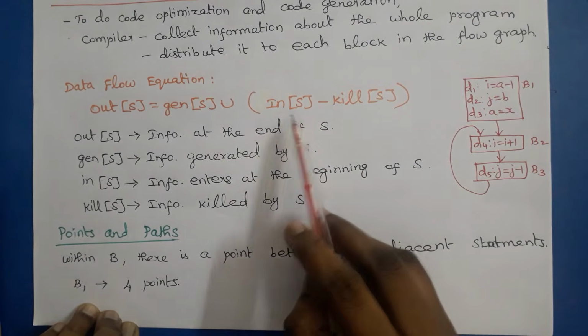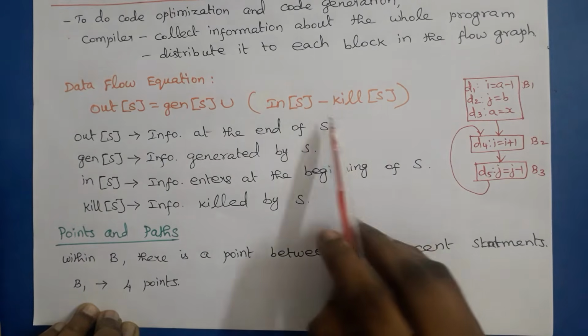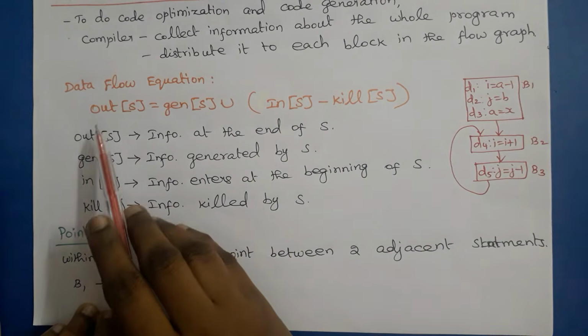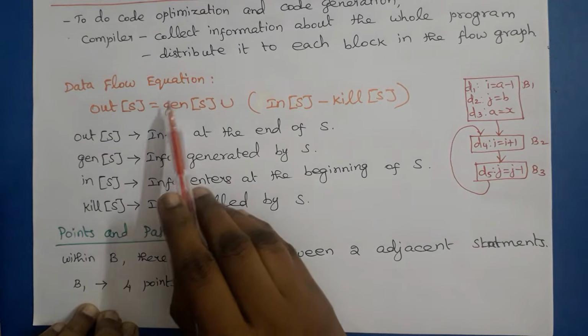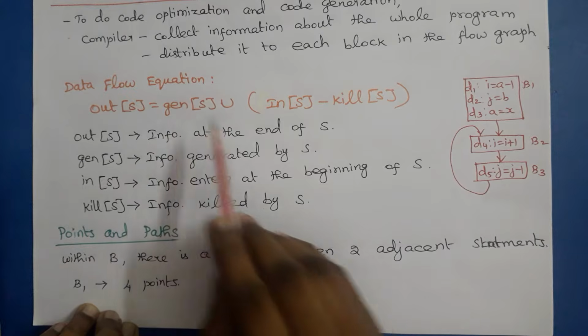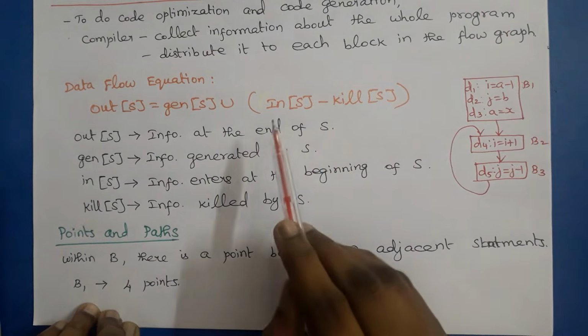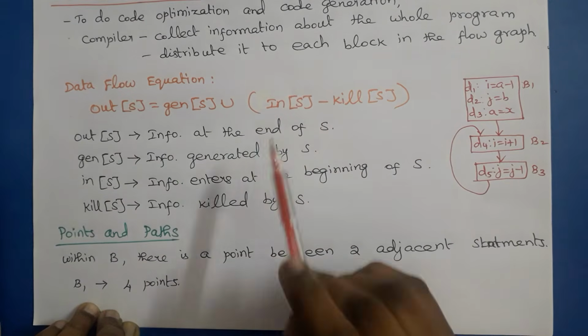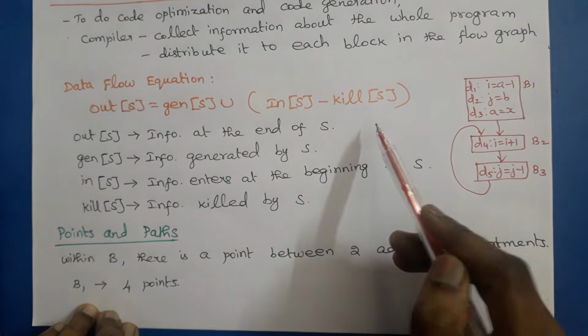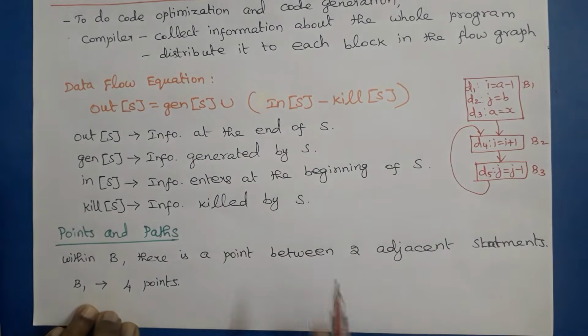So that is in of S, but from the in of S some information might be killed. So out of S is the information generated in S union the information which is not killed, that is, incoming information but not killed. So out of S is gen of S union in of S minus kill of S.